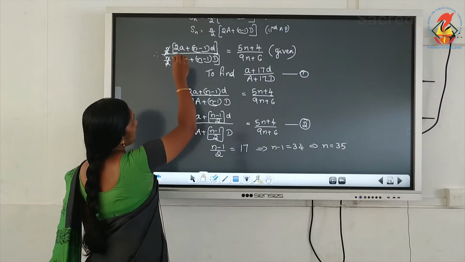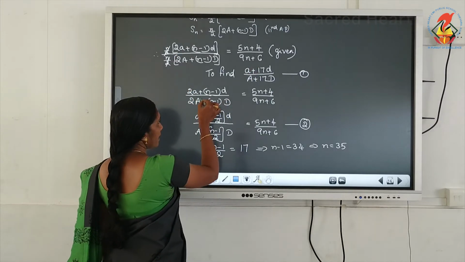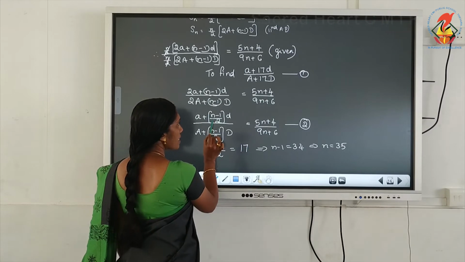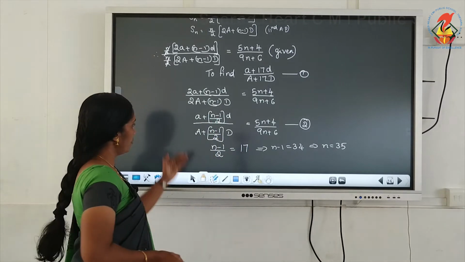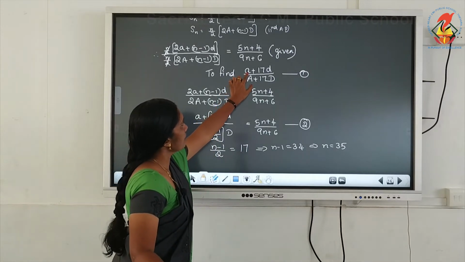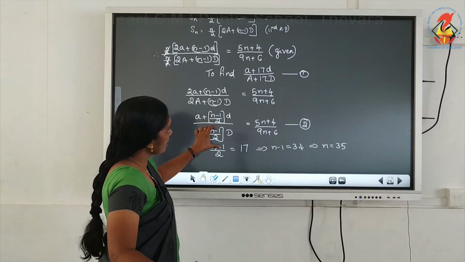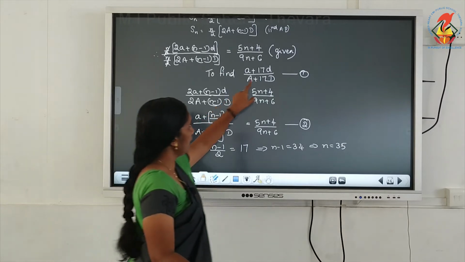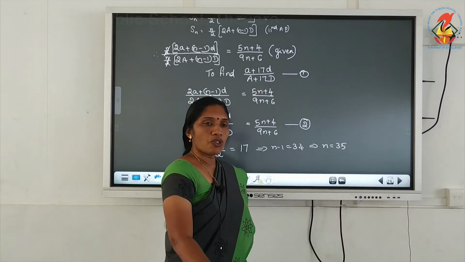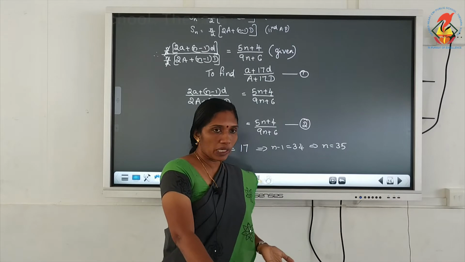So for that, first we write 2 in another way, as n minus 1 by 2, in both. So the first term is a and A, that's okay. Now in the place of the bracket we need 17. So we have to give the value of n, then only we get that.